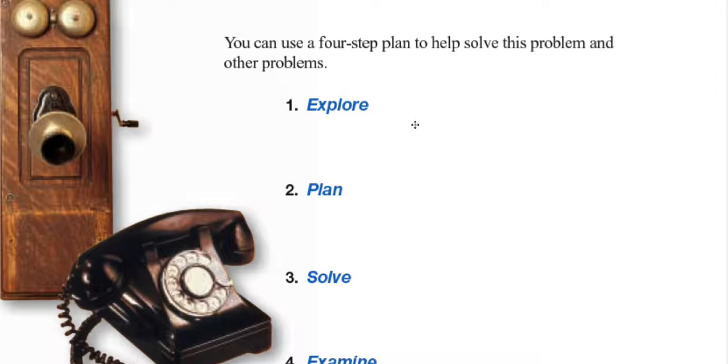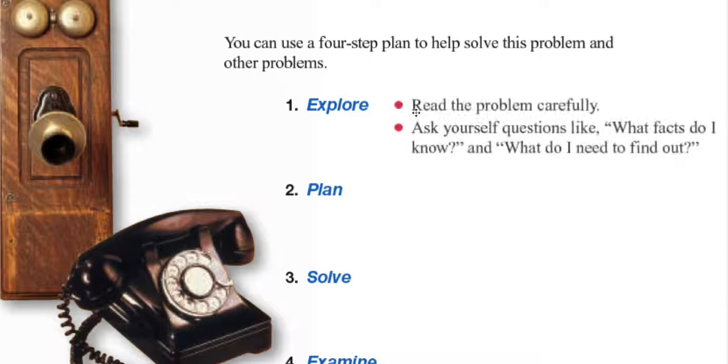The first step is explore, which simply asks you to read the problem carefully and ask yourself questions like, what facts do I know, and what do I need to find out? This is probably the most important thing that you need to understand in the 4-step plan. What do I need to find out? Because this will tell you what the problem is asking for.